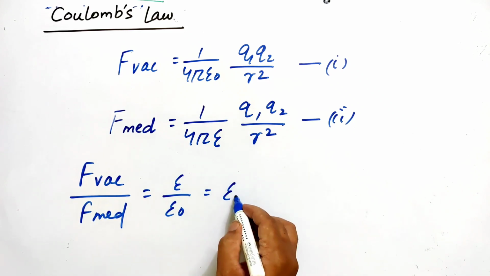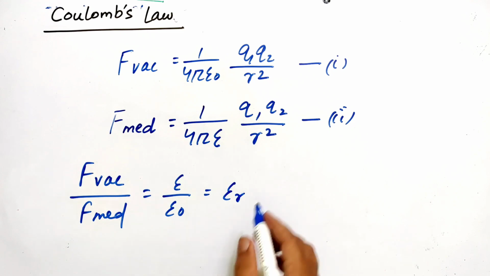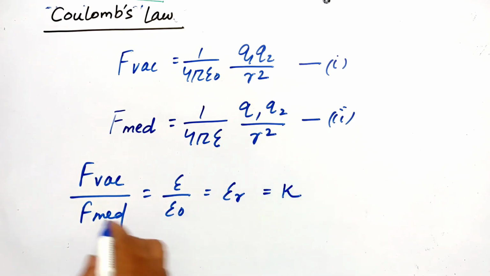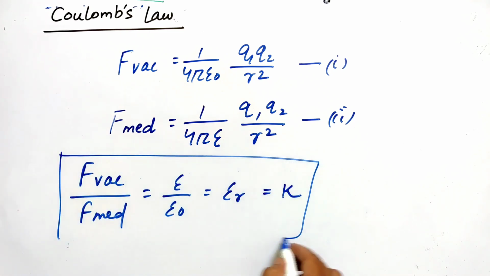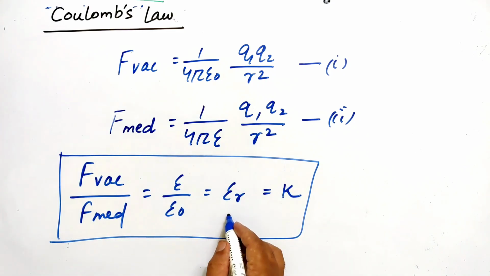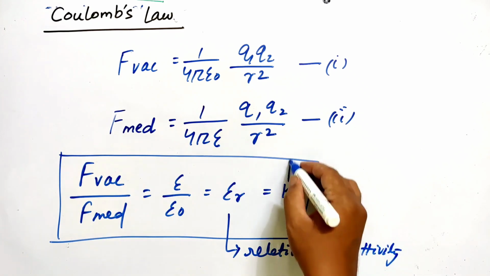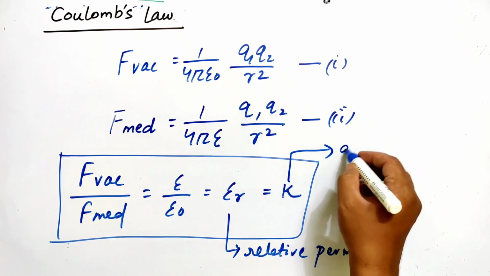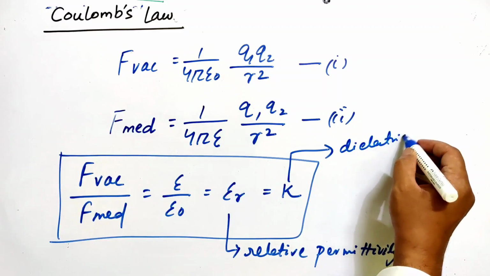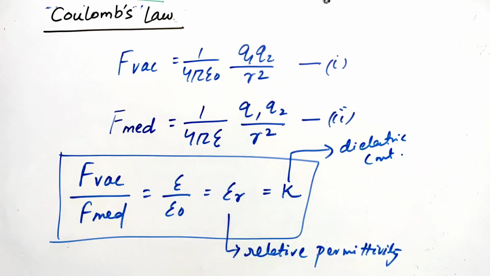This ratio is called the relative permittivity, epsilon r, and it can also be defined as the dielectric constant. This formula is quite important. Epsilon r gives the value of relative permittivity, and the small k is the dielectric constant. These two constants, relative permittivity and dielectric constant, are dimensionless and unitless.